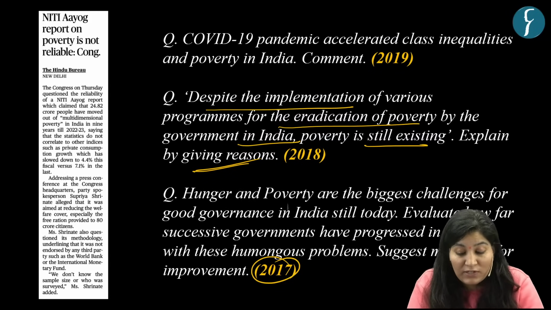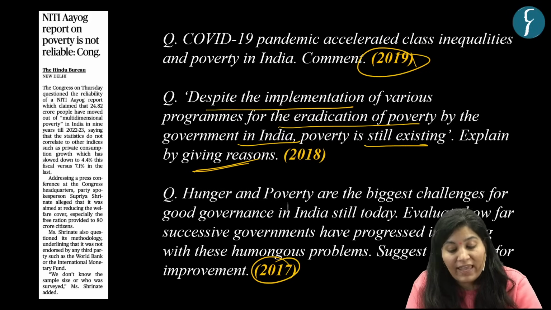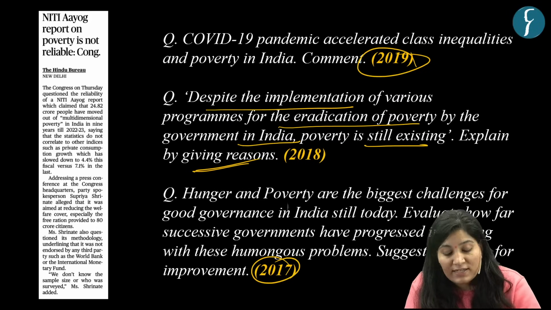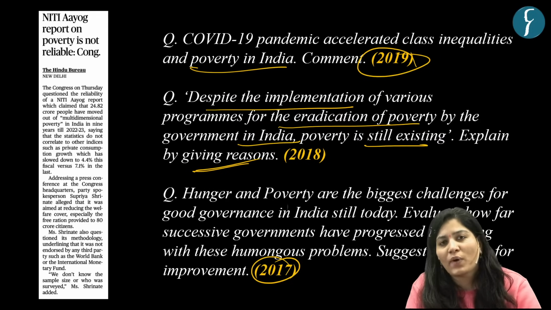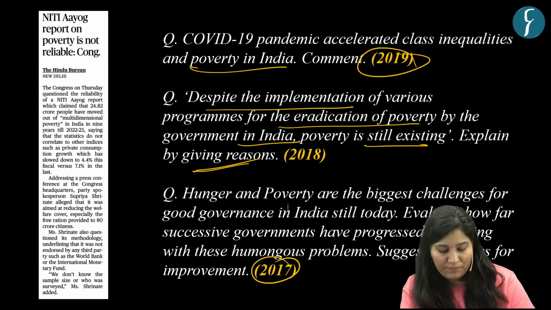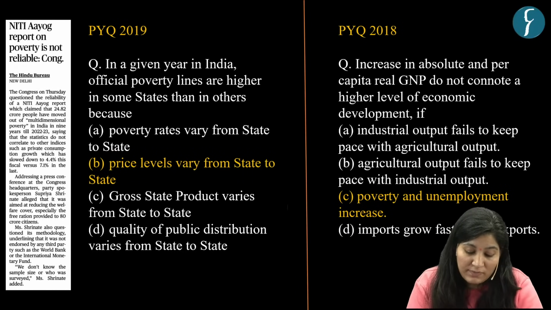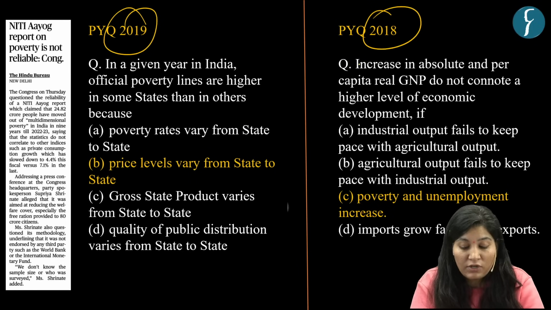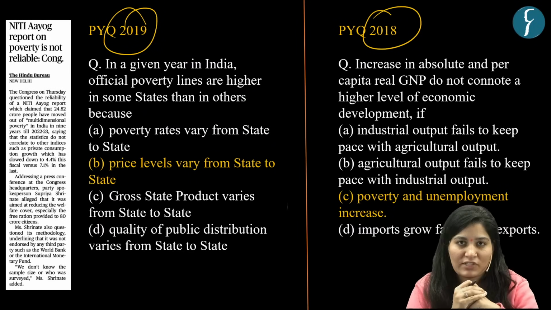And in 2019, there was a question which reflects how the COVID-19 pandemic accelerated class inequalities and poverty in India. So with this, you can make out that it is quite important for your mains examination. And in prelims also, there are two questions based on the same in years 2019 and 18, which makes it clear that it is important for both prelims as well as your mains examination.